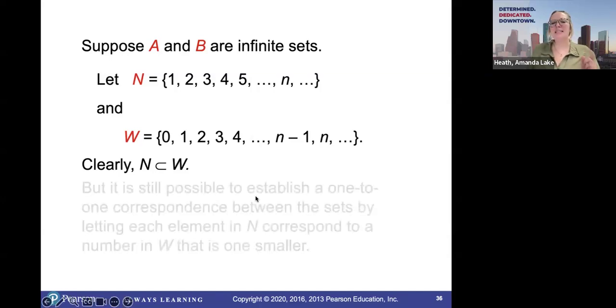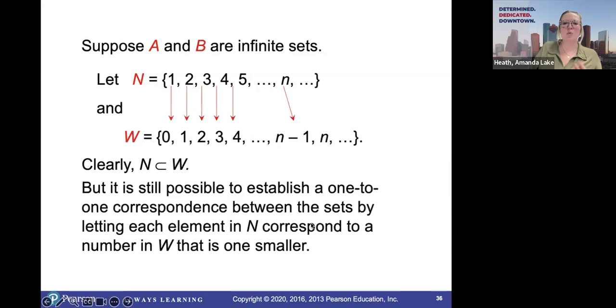But it is actually still possible to create a one-to-one correspondence between these sets by just mapping every natural number to the whole number 1 smaller than it. So 1 would pair with 0, 2 would pair with 1, 3 pairs with 2, etc. And we can do that forever and ever. So even though N is a subset of W, we don't say that N is smaller than W. They're actually the same size and they're equivalent sets.